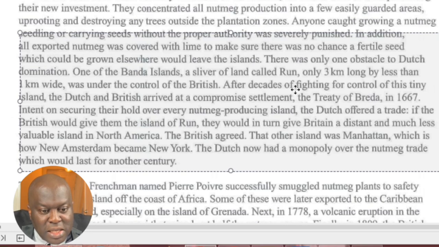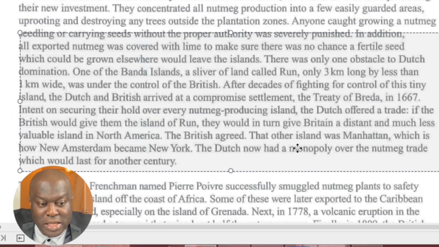It said, after decades of fighting for control of this tiny island, the Dutch and British arrived at a compromise settlement, the Treaty of Breda, in 1667.